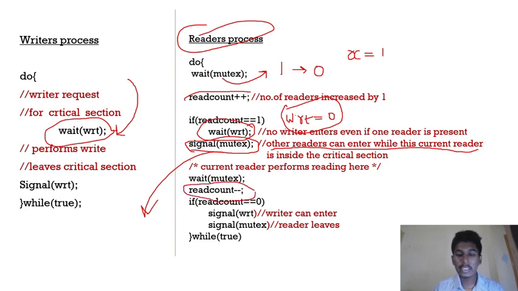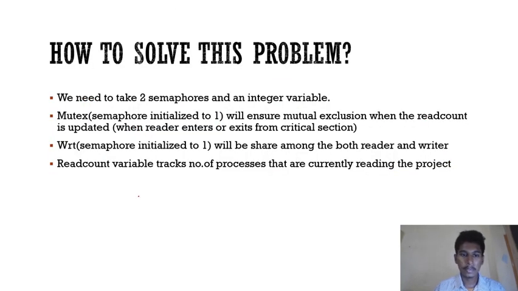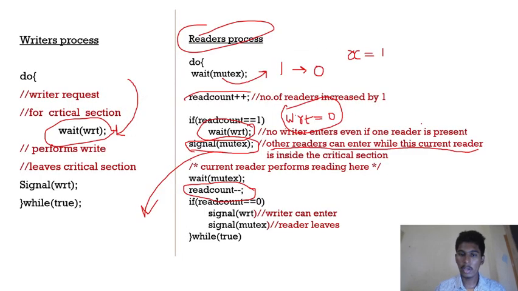But mutex is related to read count, so as the read count is decreased, we also need to decrease the mutex first. That's why we wrote a mutex wait operation here. This makes sure the process is getting out of the critical section.